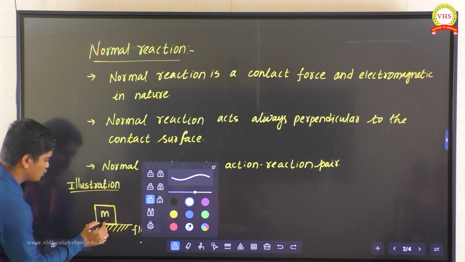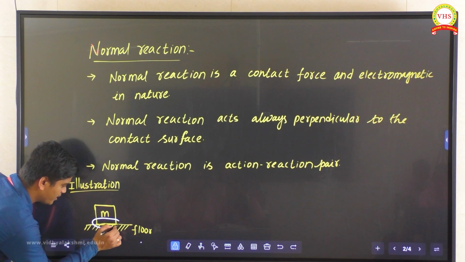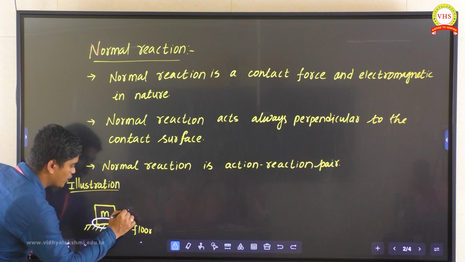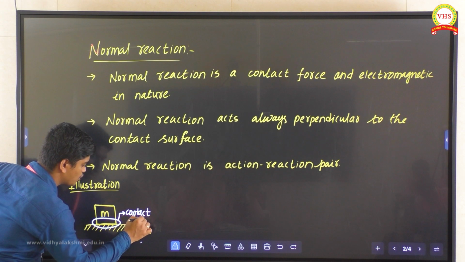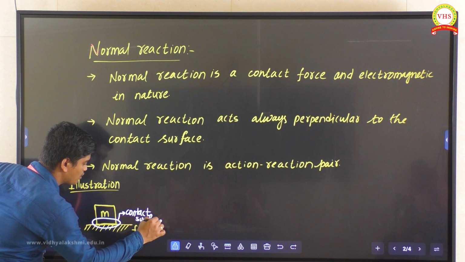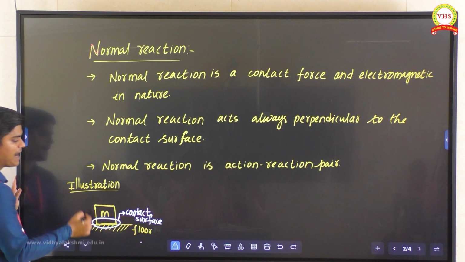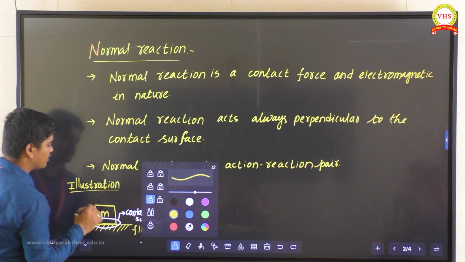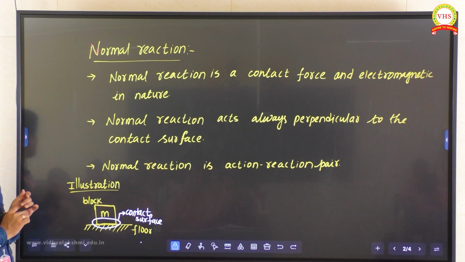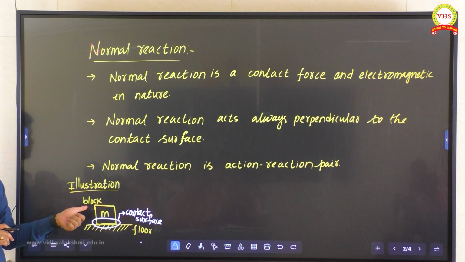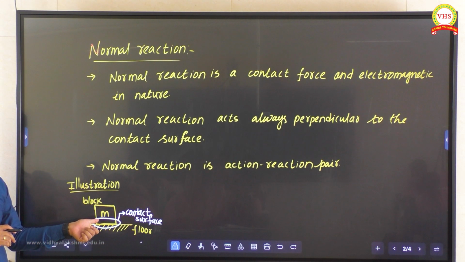This is your contact surface between two objects, this floor and this mass. Sometimes I will call the mass a block. Mass, floor and block, both are there. This block is resting on the floor.